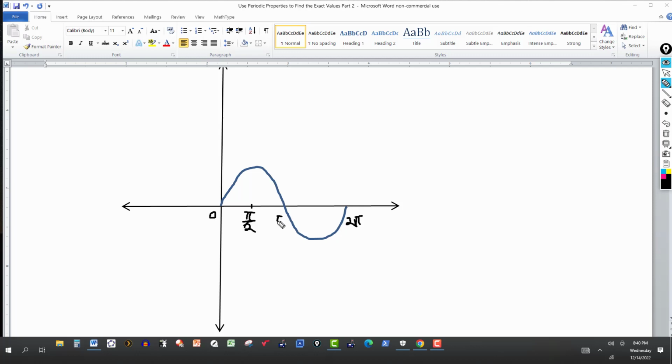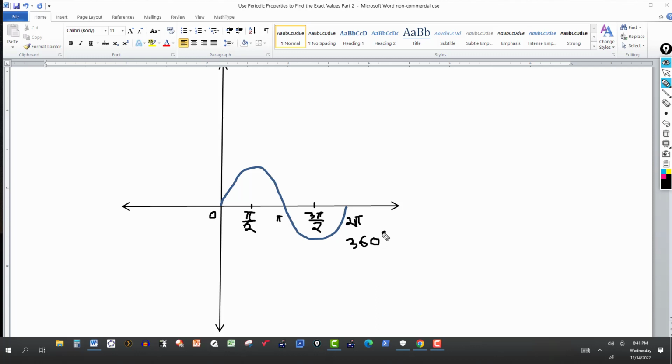This is pi here. This point right here would be 3 pi over 2. So that's one complete period of the function. In degrees, this goes from 0 degrees all the way to 360 degrees. One period of the graph.